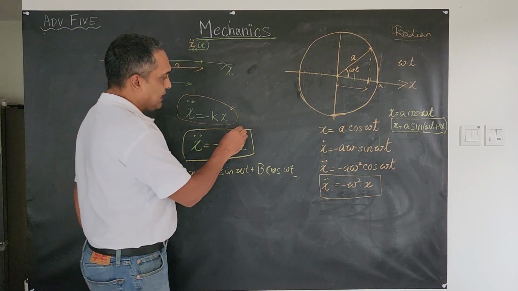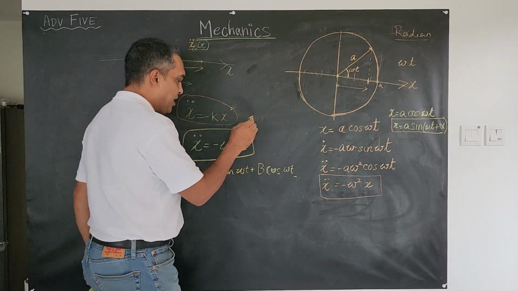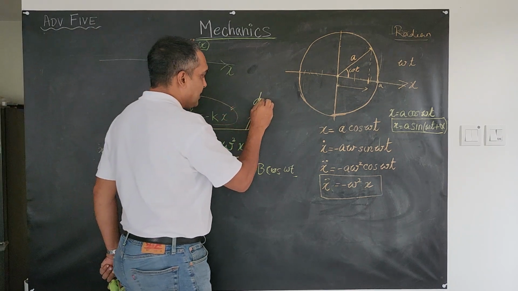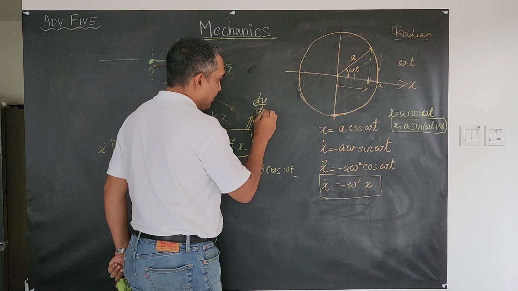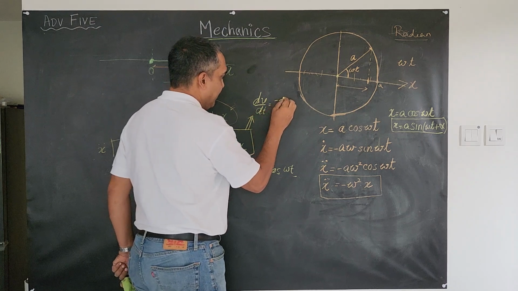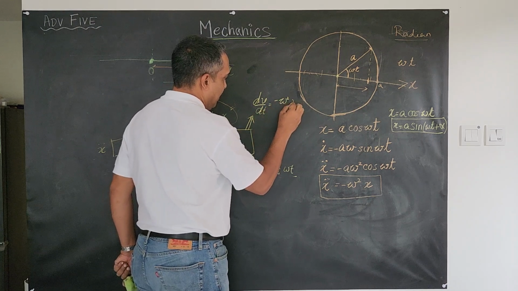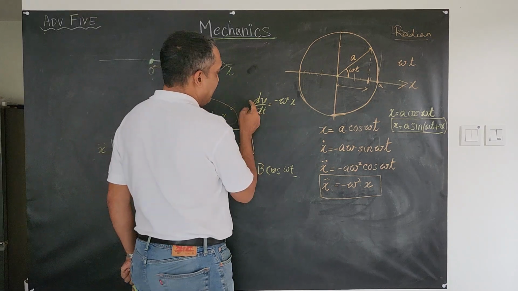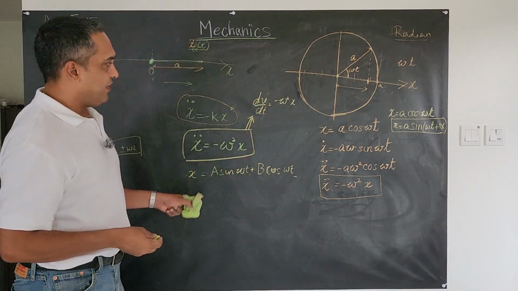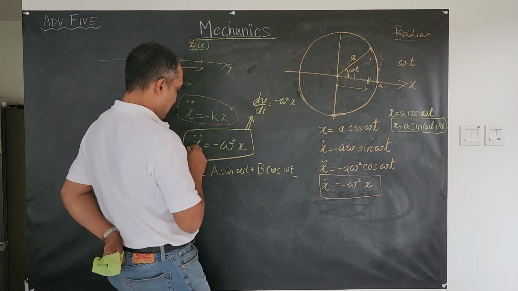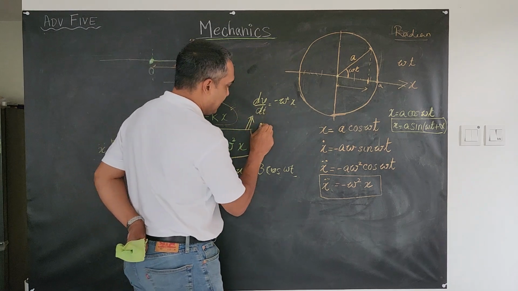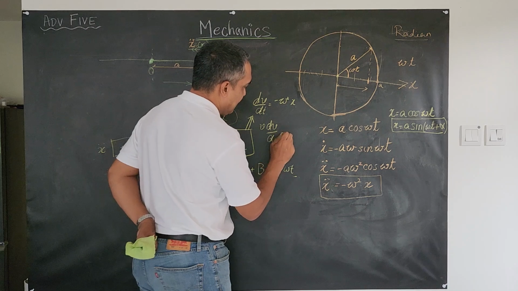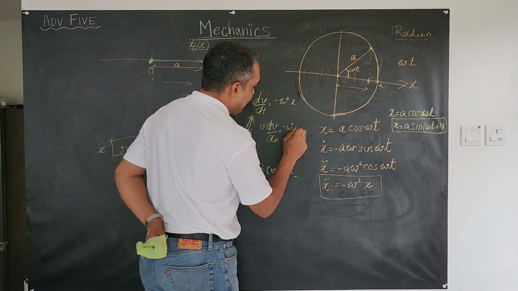But if you extend this further, you can do the integration, right? Because this is dv by dt. That's equal to negative w square x. Notice that in order to do this, you get the v, what's dv by dt. Again, because it's x here, you write this as v dv by dx is equal to negative w square x.